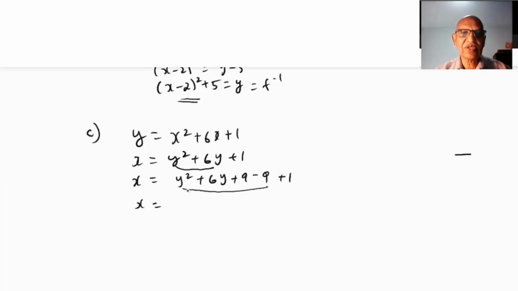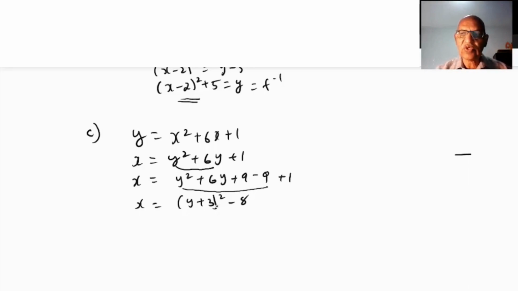So x equals y squared plus 6y plus 9. This is a perfect square, so if I factor that, it will be y plus 3 squared. What's remaining? Minus 9 plus 1, which is minus 8.